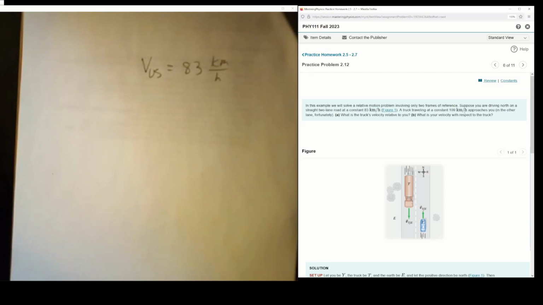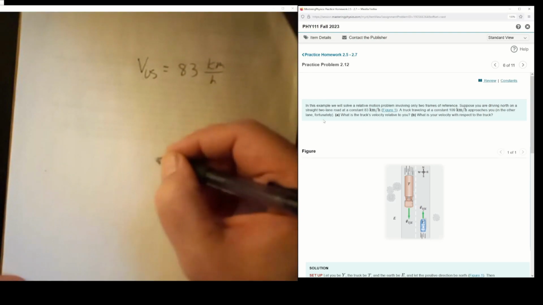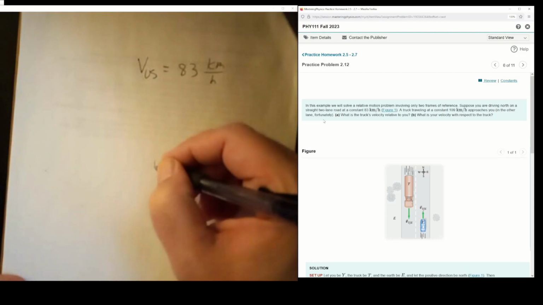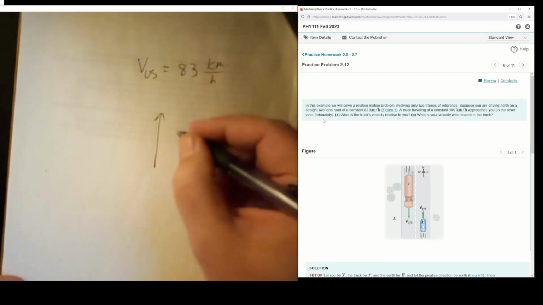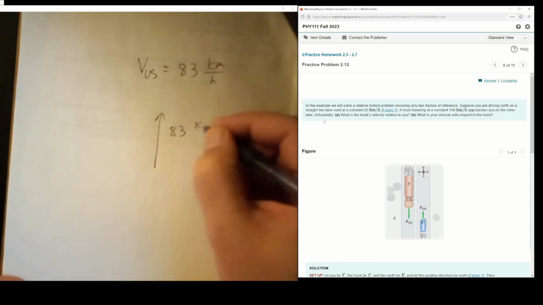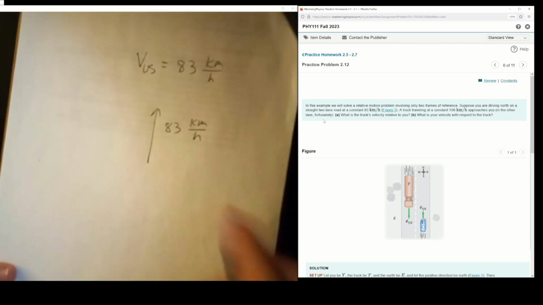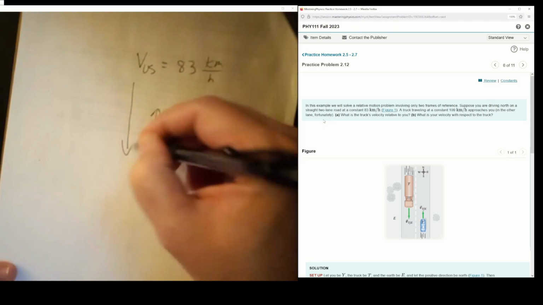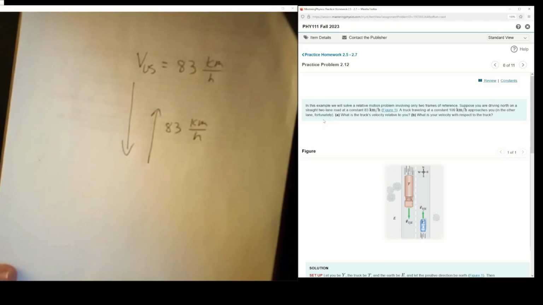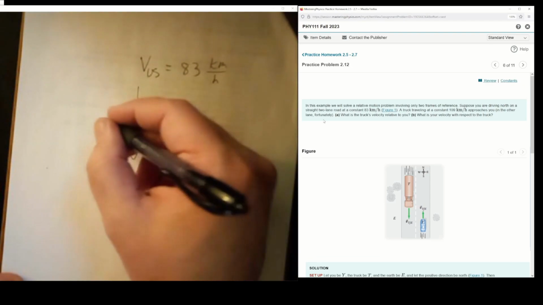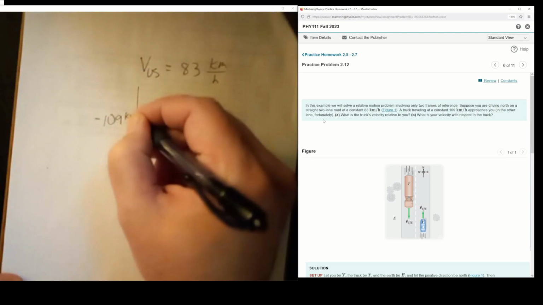And a truck approaches in the other lane. Fortunately. All right. So just going by their picture, they kind of have us going up at 83. They have the truck coming down at 109. This is going down. We'd call that minus 109 in a standard coordinate system.